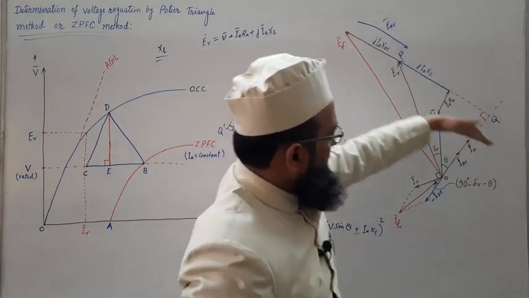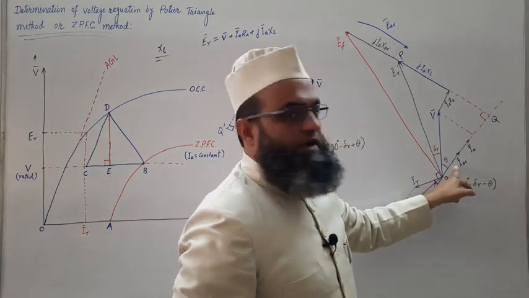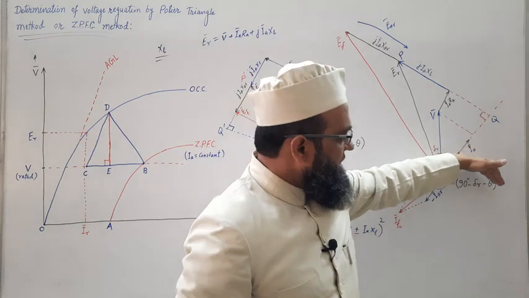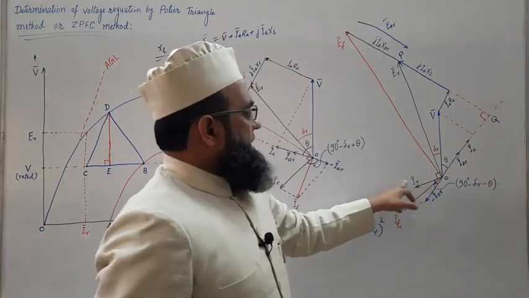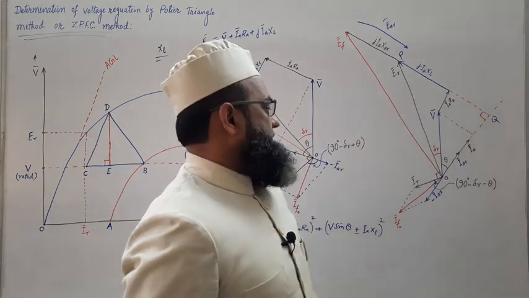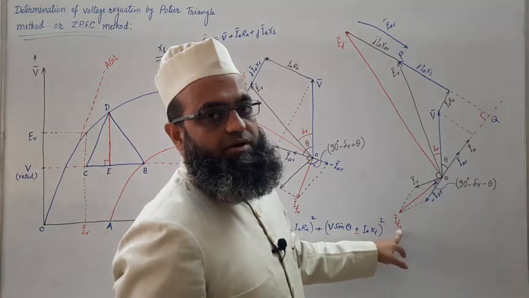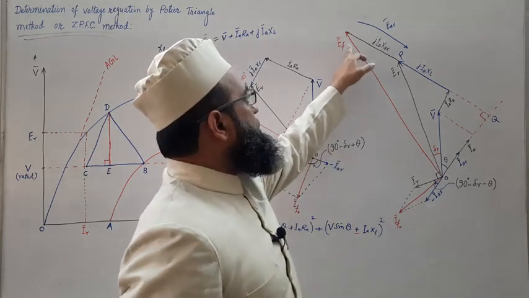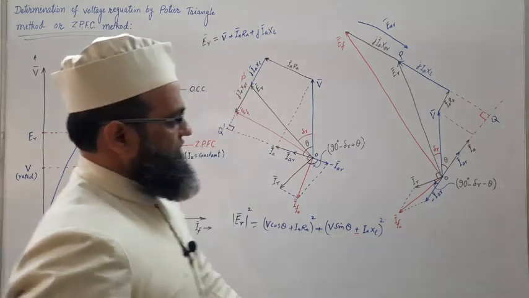So this is EaR, and this is IaR, hence IaR is leading EaR by 90 degree, Ir is leading Er by 90 degree, and If, the main field excitation corresponding to no load EMF, leads this by 90 degree. Fine.